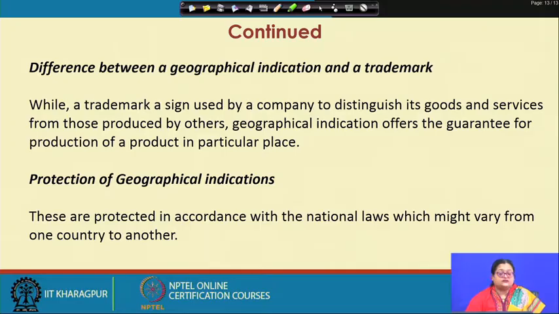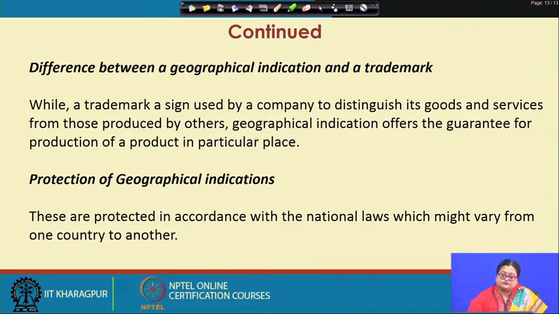It is not that the sweet is not produced in other locations, but in a particular area it has its own expertise, maybe its own special recipe, which gives uniqueness and special taste to that product, and the geographical indication preserves that value of that item.